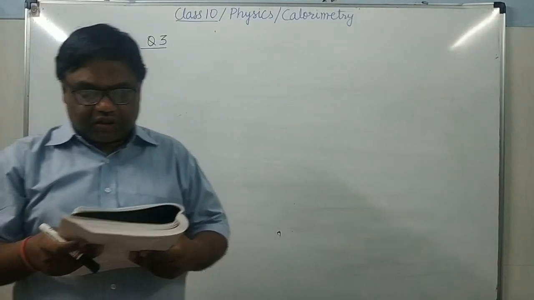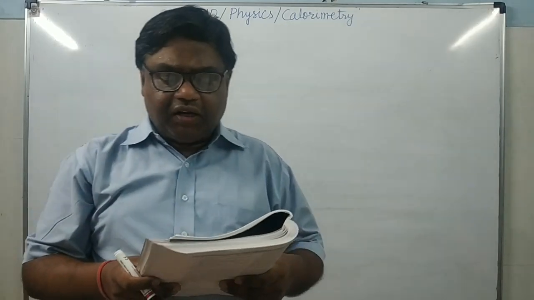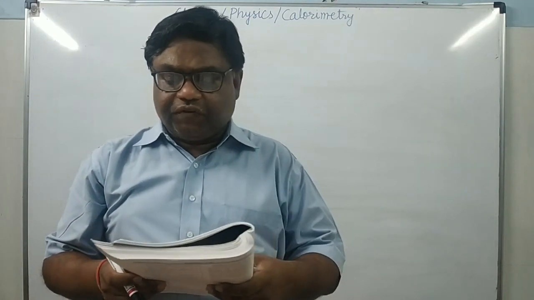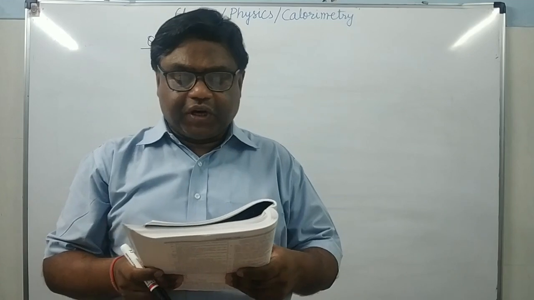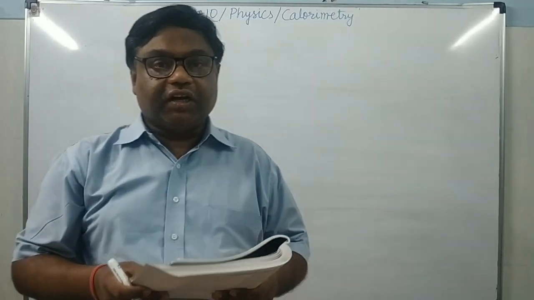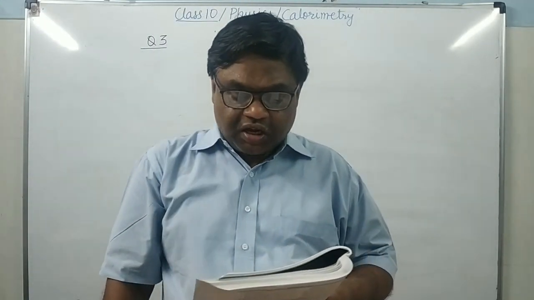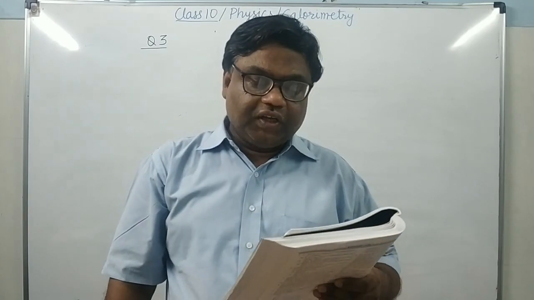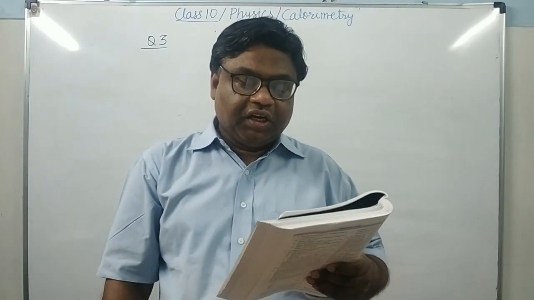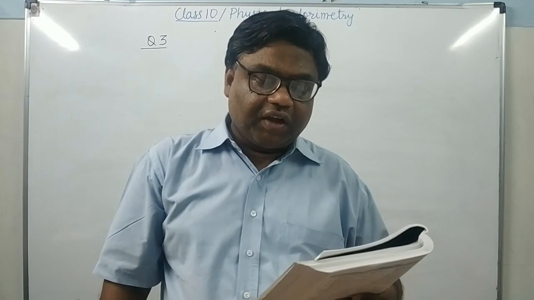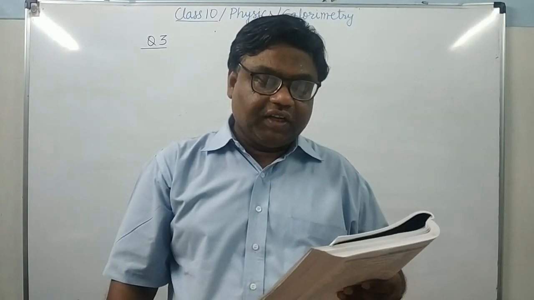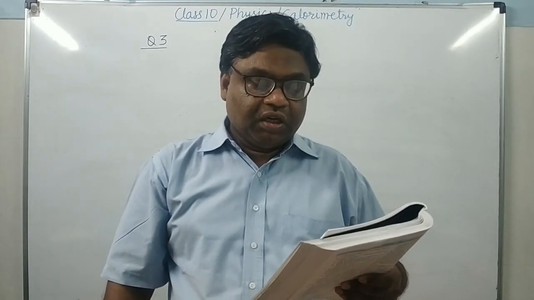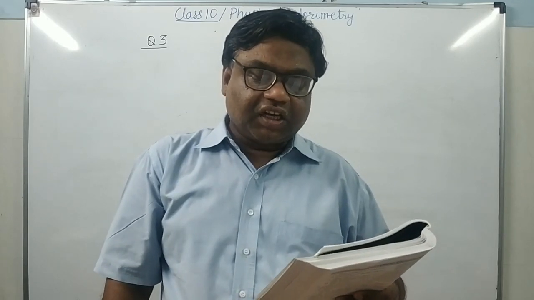Question number 3 you can say: a molten metal of mass 150 gram is kept at its melting point 800 degree Celsius. When it is allowed to freeze at the same temperature, it gives out 75,000 joule of heat energy. What is the SLH of metal?